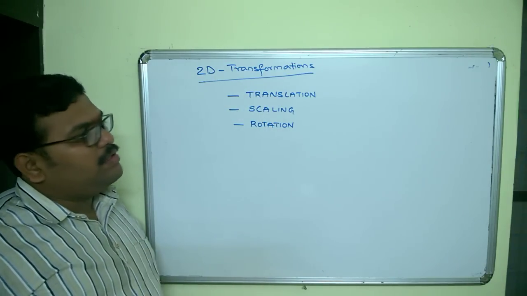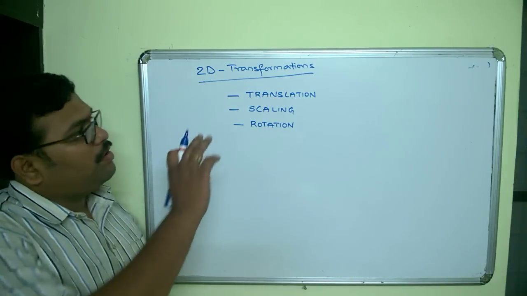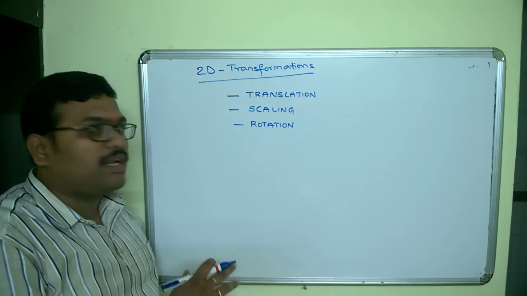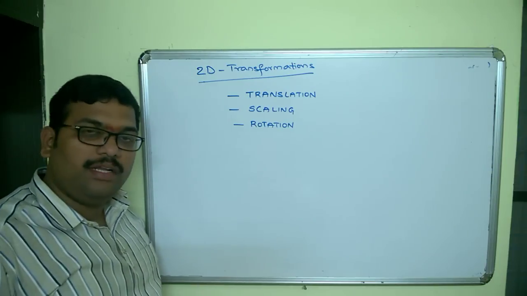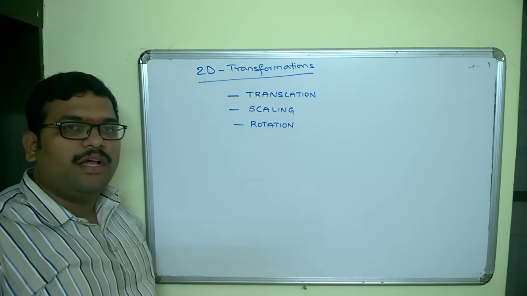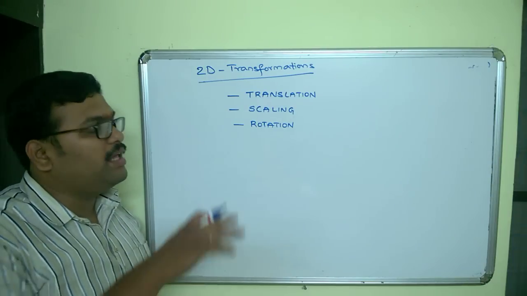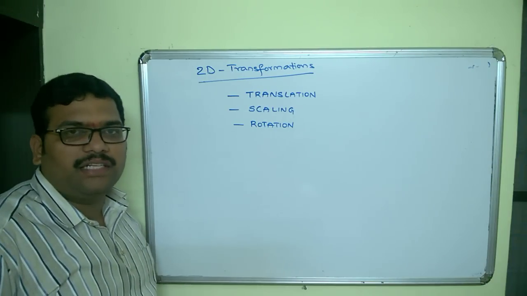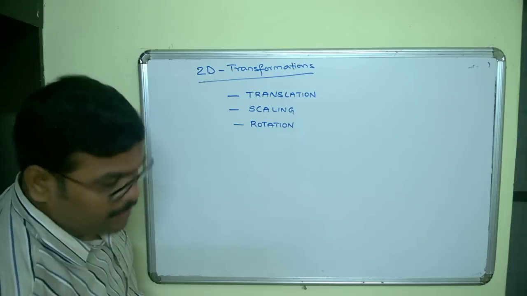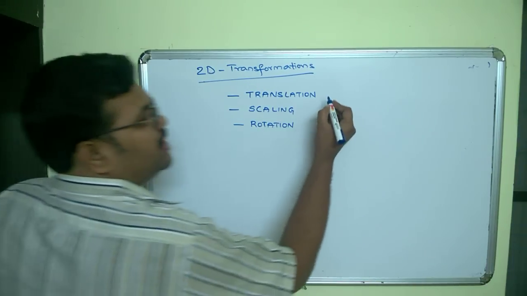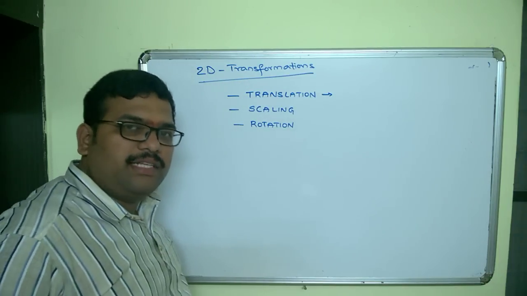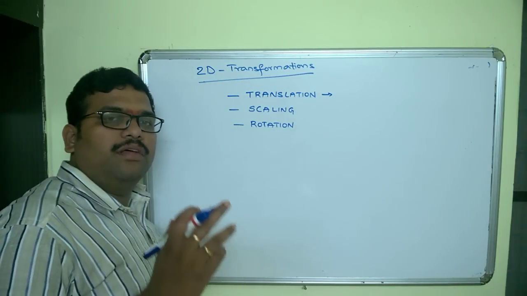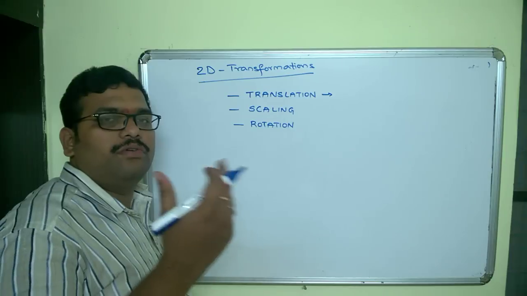In this session, let us have a look at these three transformations, and let us see the matrix formats for these three transformations. And in the next session, we will see the examples for these three transformations. Let us start with translation. Translation means moving the object from one position to another position.